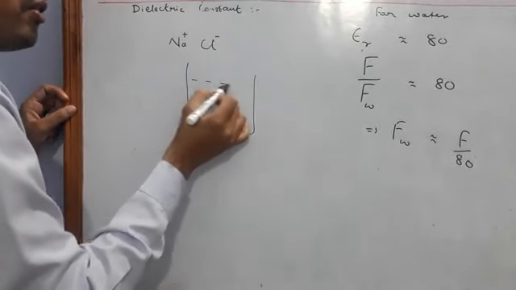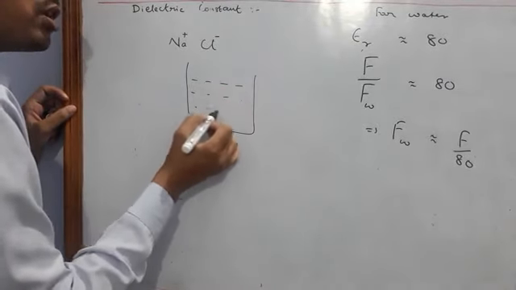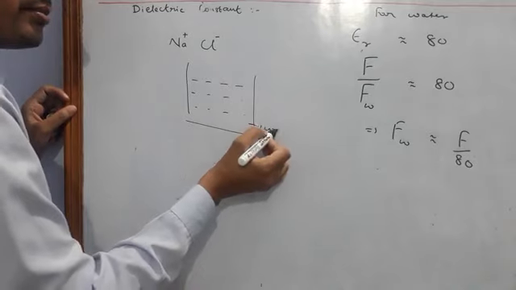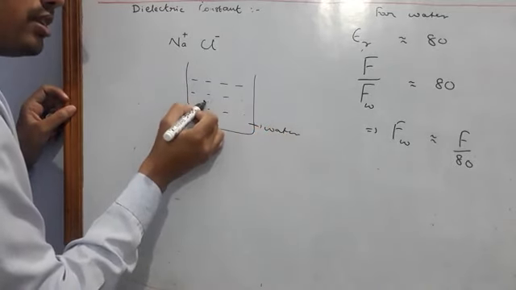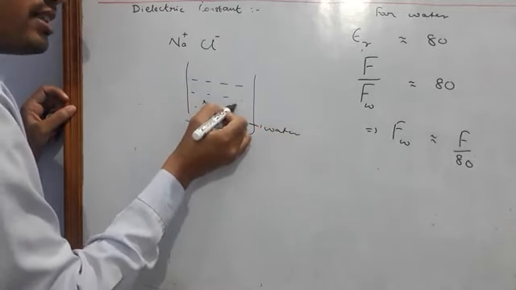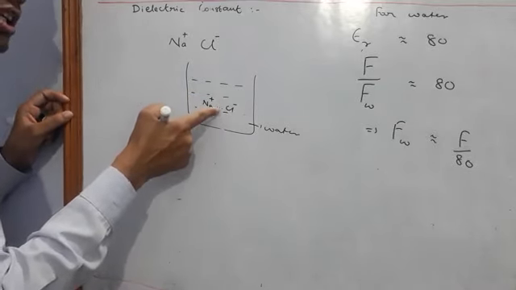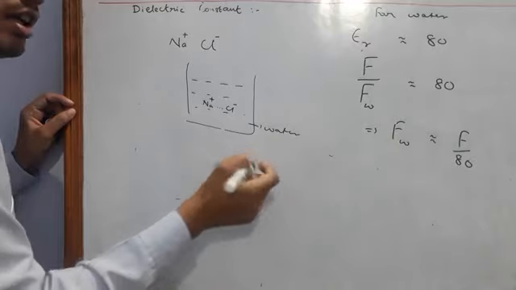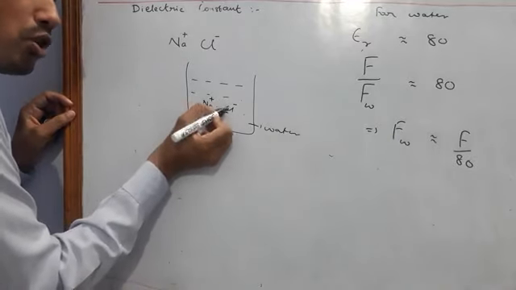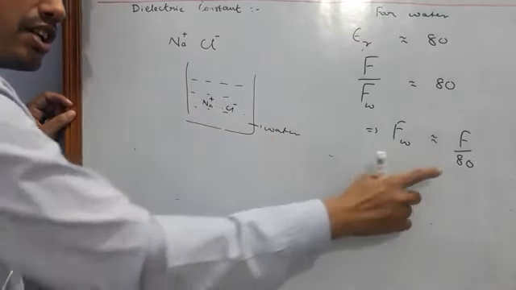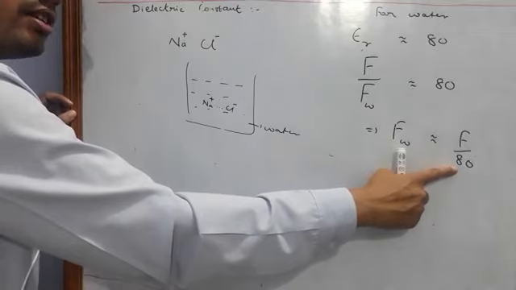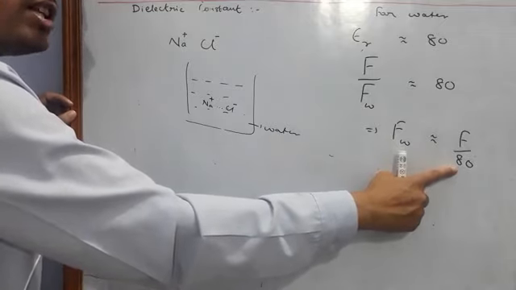But when we add a pinch of salt into water, what happens? Now between these Na plus and Cl minus ions, the medium is no longer vacuum, it is rather water. So therefore the force between these two oppositely charged ions gets reduced by a factor of 80. That is a very large value.